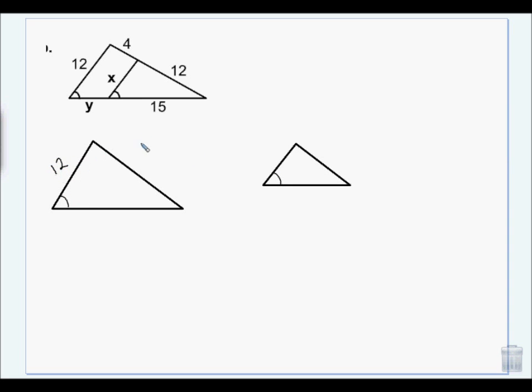This is 12. We have 4 plus 12, so that's 16, and this is y plus 15. And then for the small triangle, we have x, 12, and 15. x and 16 are in the same position, this 12 and 12 are in the same position, and y plus 15 and 15 are in the same position.